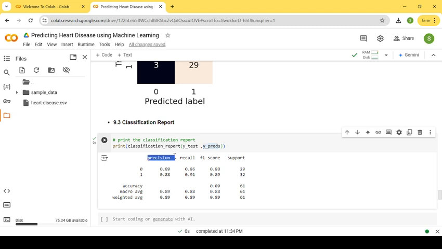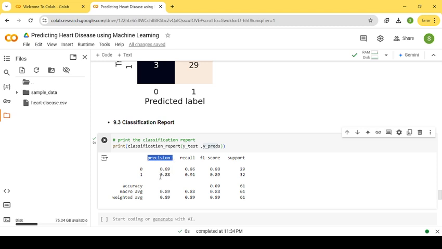So precision is a ratio of the true positive predictions. Again, it's the ratio of true positive predictions compared to the total predicted positive. It answers simply: of all of the instances predicted as positive, how many were actually positive?